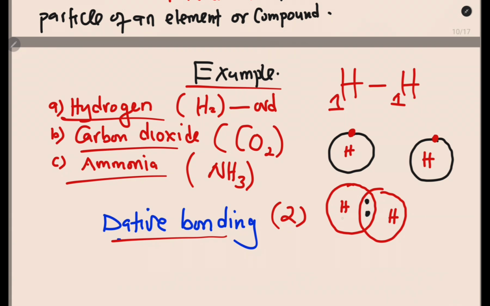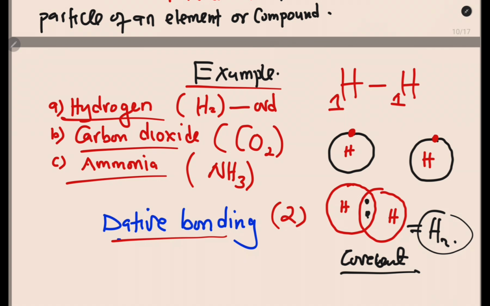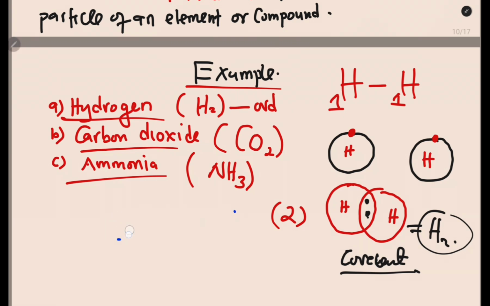If we count the number of electrons in the first hydrogen, 1, 2. The second one, 1, 2, and they are stable. And this is the covalent bond between hydrogen atoms, resulting in H2. That is how a covalent bond is formed, by sharing of electrons.